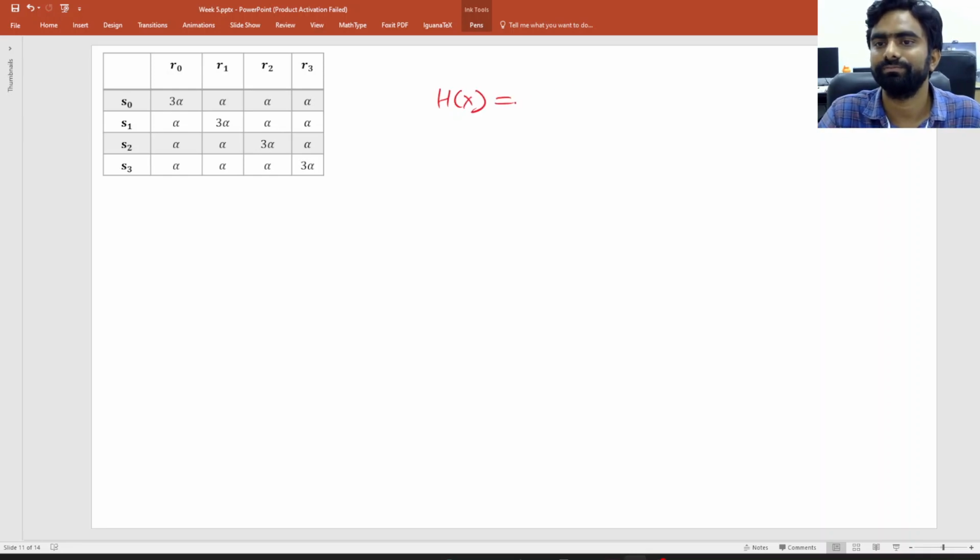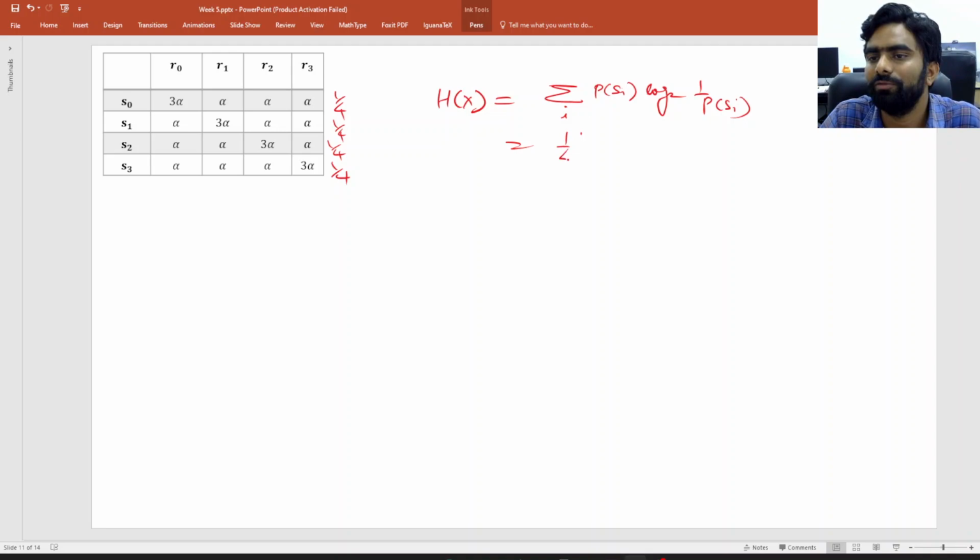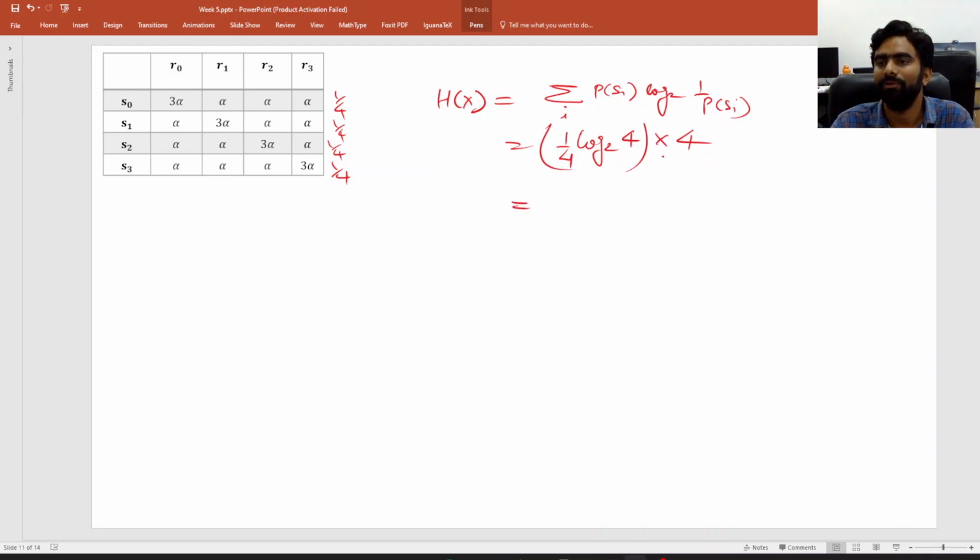Now calculate the values of h of x and h of y. h of x would be sigma p of s i log 2 of 1 upon p of s i. That is 1 by 4 log 2 of 4, 4 times, so it would be 2 bits.